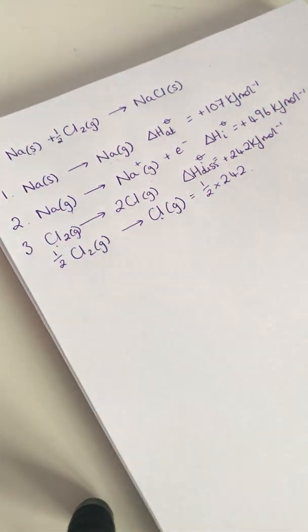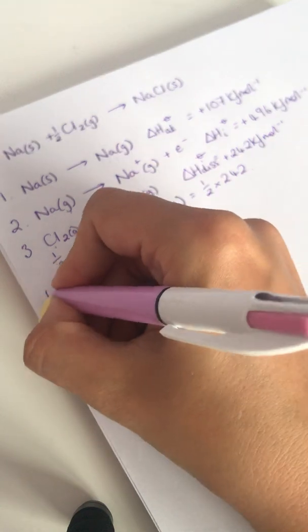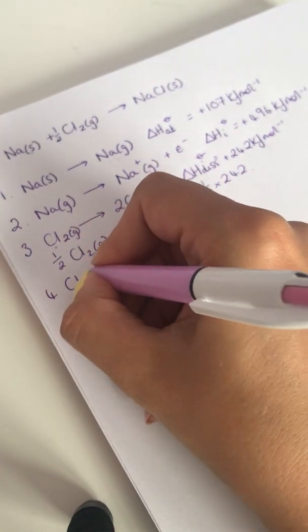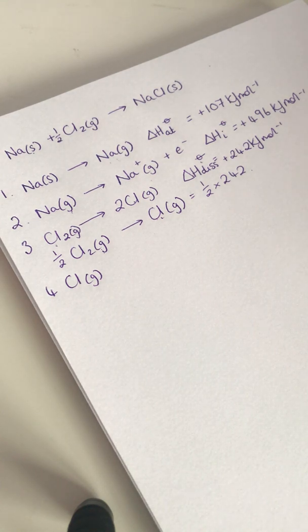We've got Cl2 turning into 2 Cls. Now that we've got Cl as a lone atom, so we've got Cl in the gaseous state, we actually want to convert that into Cl minus. Now we refer to that as the electron affinity. The electron affinity is the standard enthalpy change when 1 mole of gaseous atoms is converted to a mole of gaseous ions that have a negative charge.